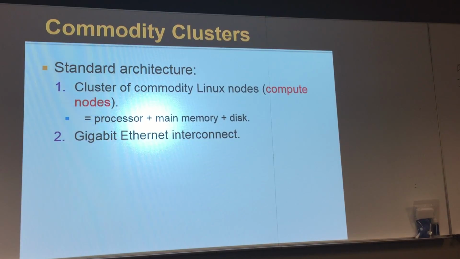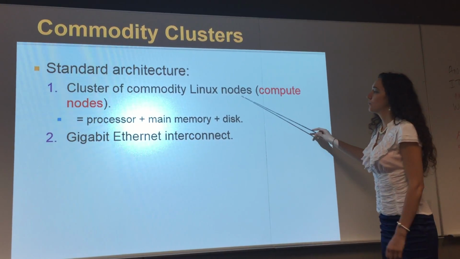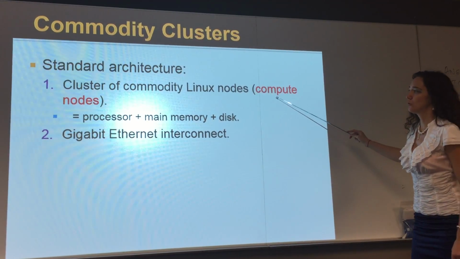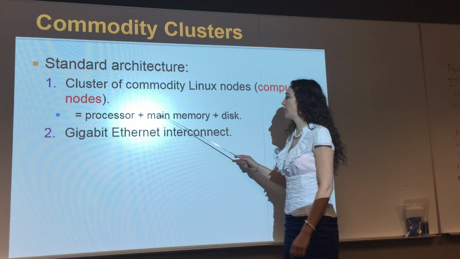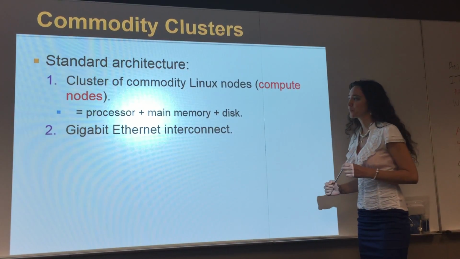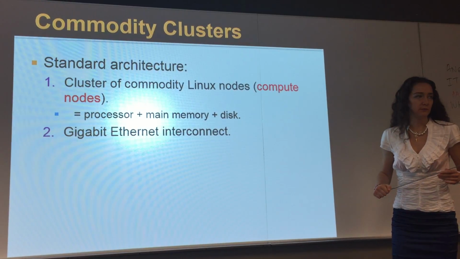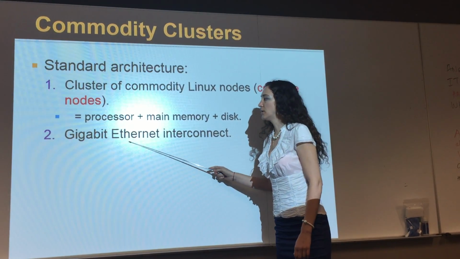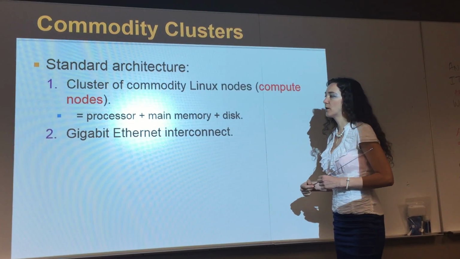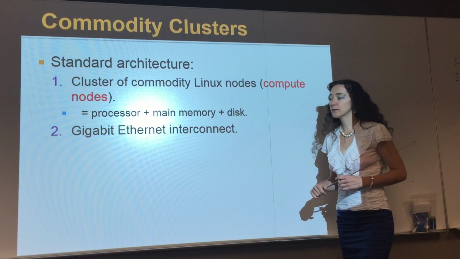The standard architecture for that is a cluster of commodity nodes, which are called compute nodes. That is just a computer which has a processor, a memory, and a disk. The way we connect these nodes is through network connection. So Ethernet connection is for local area network through wire, so they are wired.